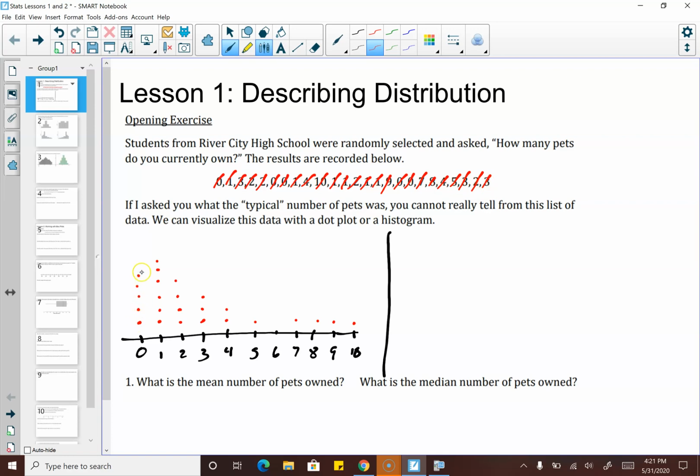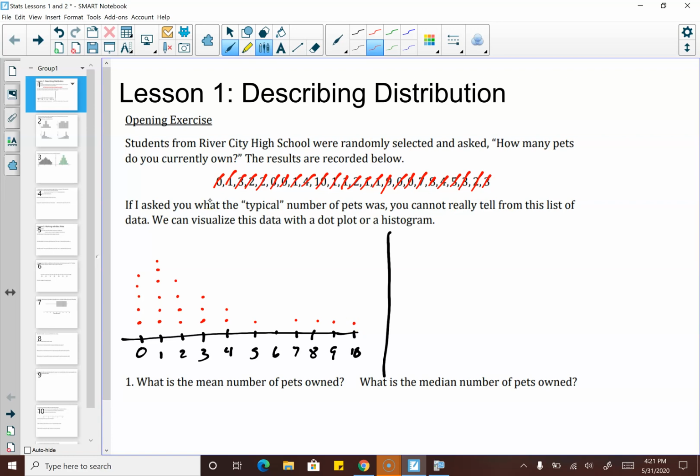Counting them, 1 through 25. Good. So the number of items you have should equal your number of dots.